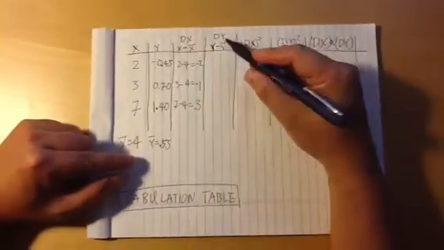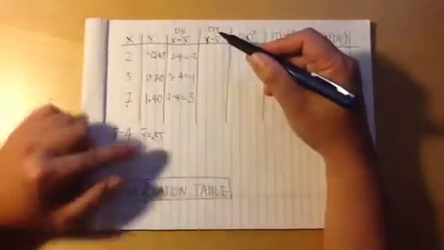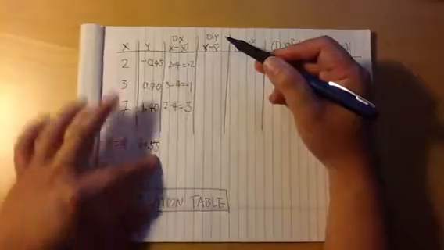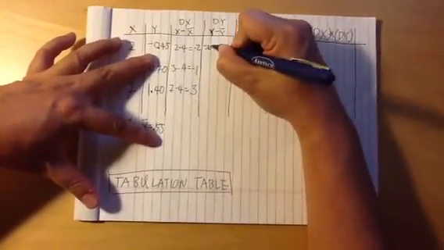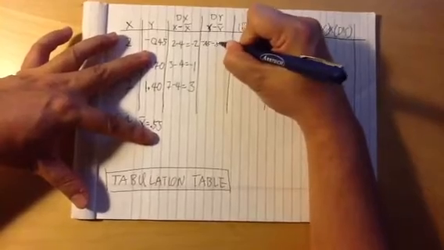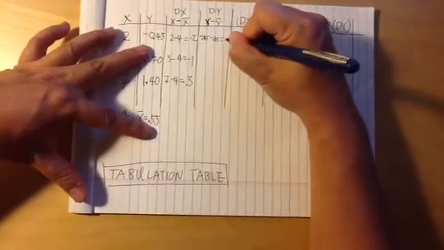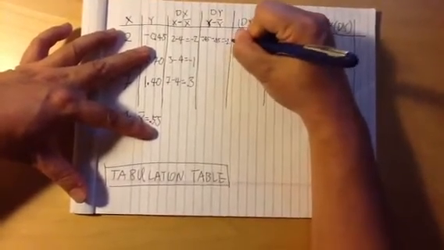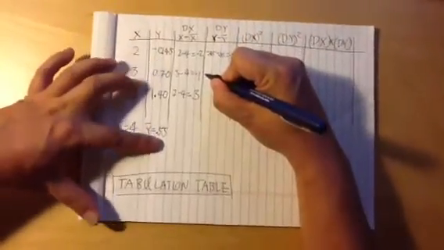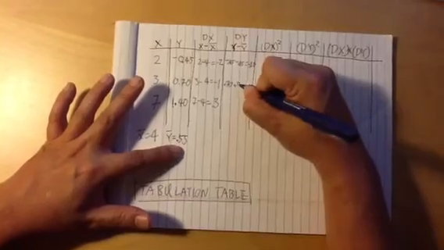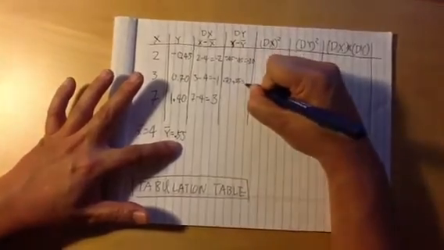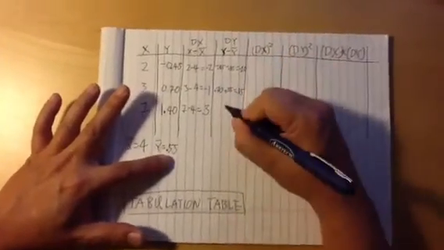Now we go to the deviation of y column. The mean of y is 0.55, so we want to go minus 0.45 minus 0.55. That's actually minus 1, okay? And 0.70 minus 0.55, that's equal to 0.15.